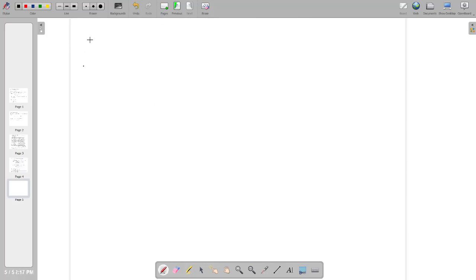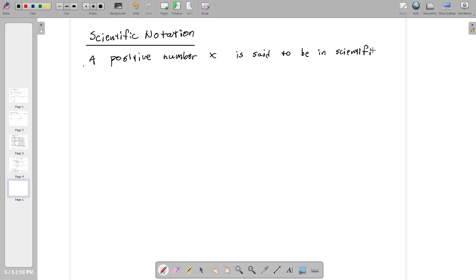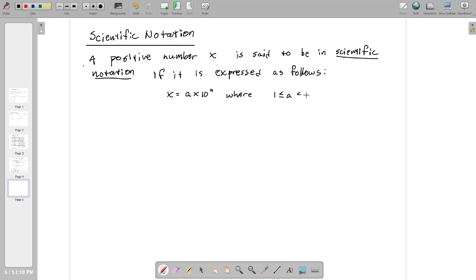Next thing we're going to talk about is scientific notation. It doesn't come up too often, but it comes up often enough. A positive number x is said to be in scientific notation if it is expressed as follows: x equals a times 10 to the n, where a is greater than or equal to 1 and strictly less than 10, and n is an integer.